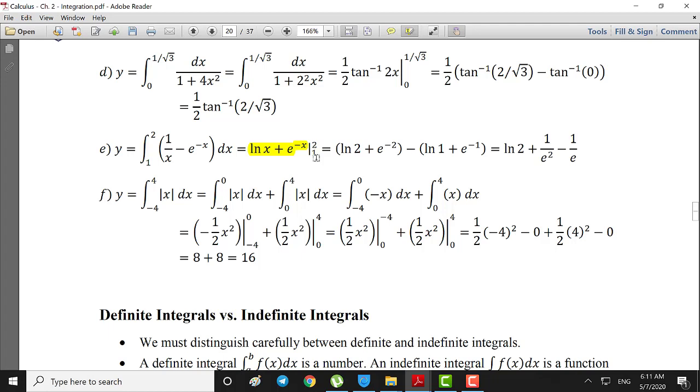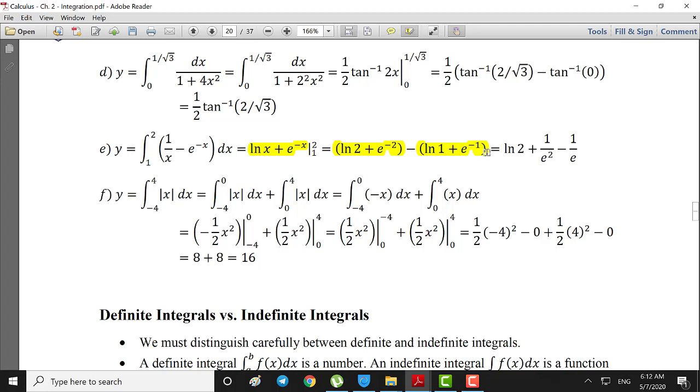The evaluation at the upper limit is going to give us ln of 2 plus e to the minus 2 here, and the evaluation at the lower limit is going to give us ln of 1 plus e to the minus 1.